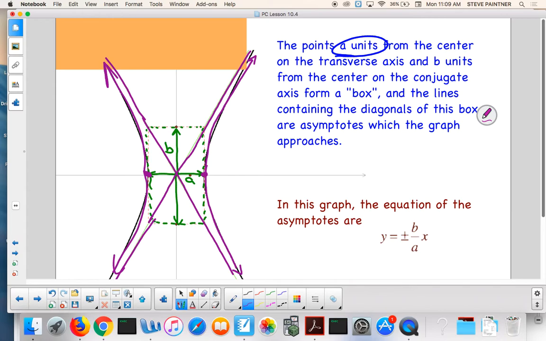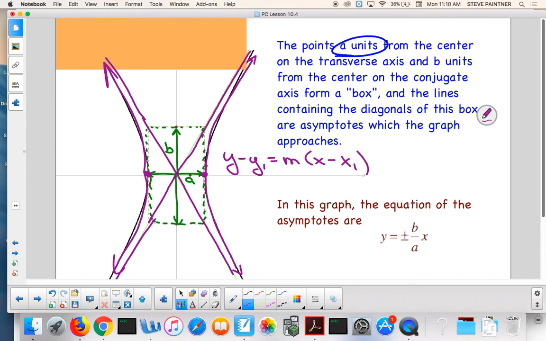All right? Now, here's the last thing I do want you to write. I want you to write the equation to both of these. So this diagonal has what equation? This diagonal has what equation? If I did something like this, does this ring a bell at all? What do we call this?